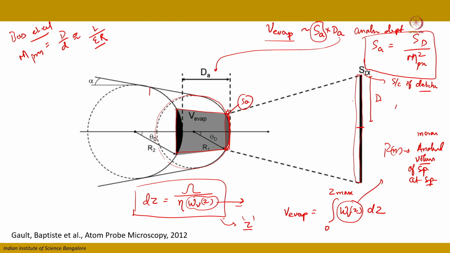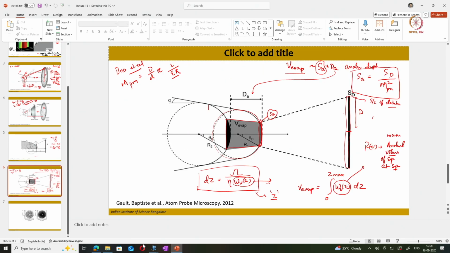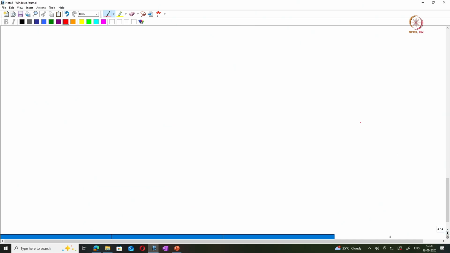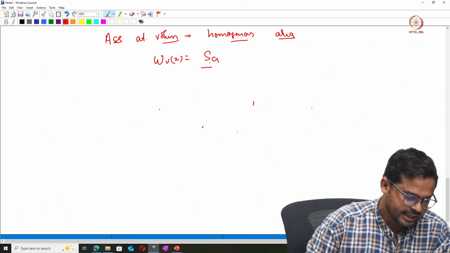Okay, so with these equations, assuming the atomic volume is distributed homogeneously across the area, we can write dz equals the atomic volume divided by SA.